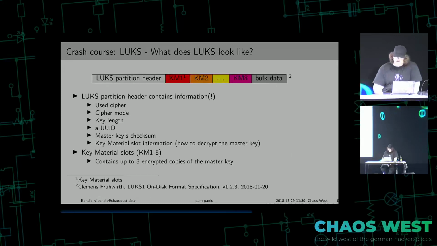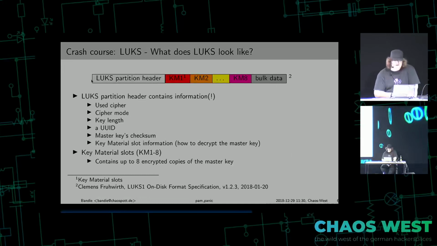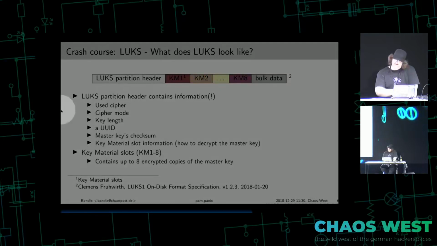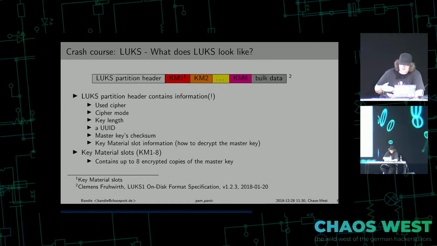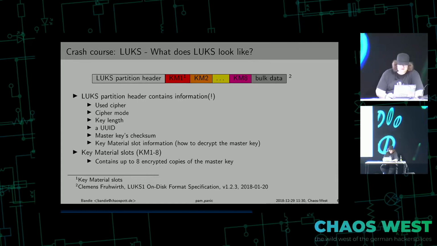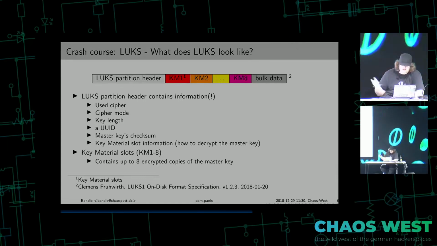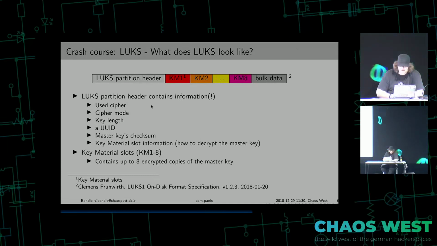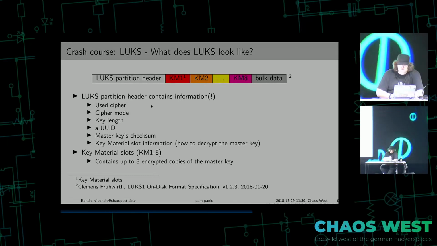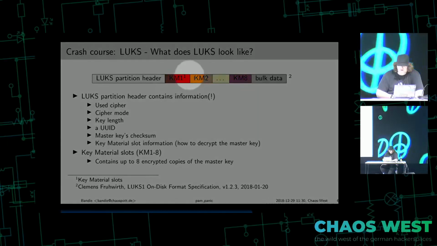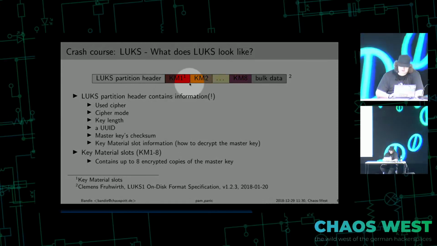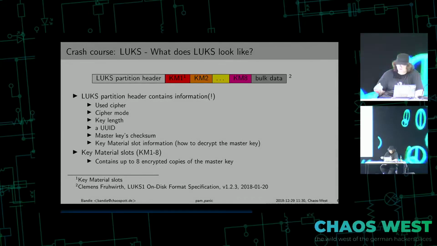This is how LUKS looks on the hard drive. We've got the partition header here, and there's some information about the master key: what modes are used, the cipher mode, the key length, and some other stuff. And also some key material slot information. Those are the keys for the user, and they say how to decrypt the master key.